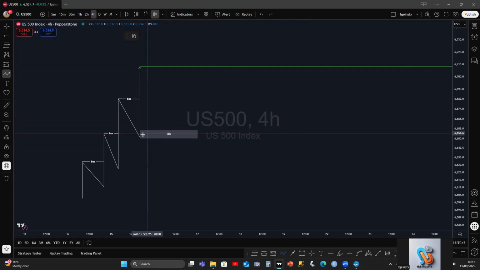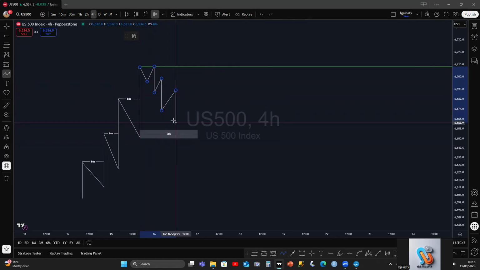That is the origin. Now, all we need to do is wait for price: change of character, break of structure, pullback, break of structure, pullback. Price will surely come back, tap us in.